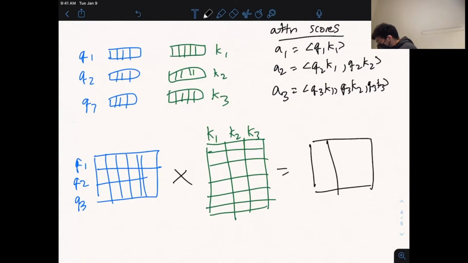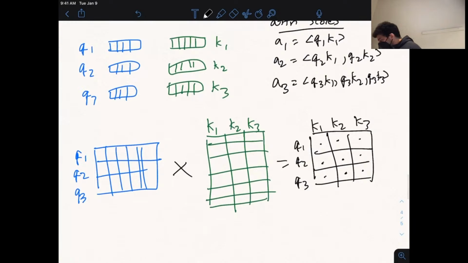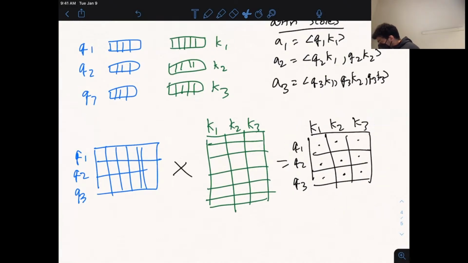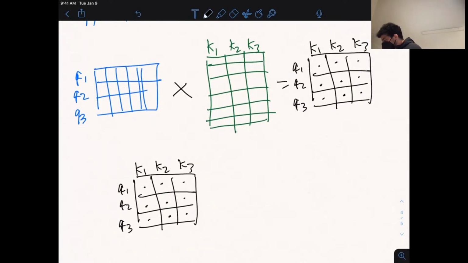So I'll get a 3 by 3 matrix here, where each element of this matrix is one of the dot products that I actually want to compute, right? So all of these are dot products. Now, let's take a look at how this relates to the attention scores that we want to compute. Specifically, for our first attention score, we just want Q1, K1, right?